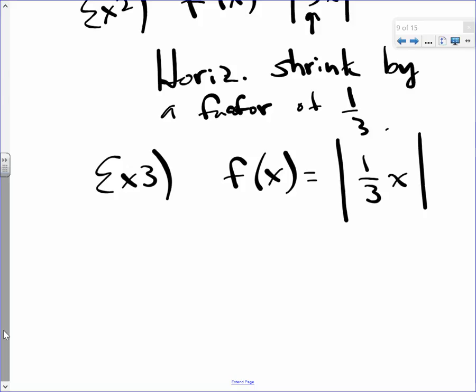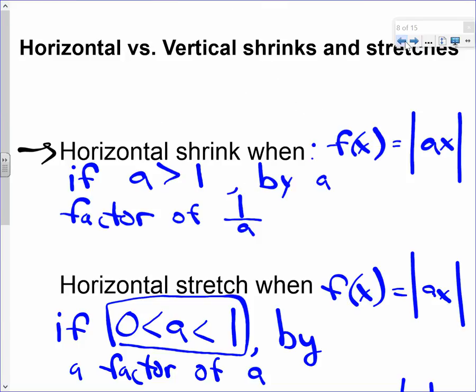Why, Mr. Torres? The A is on the inside. We're dealing with either the first or second case. And it's a stretch, notice Munoz, because A is greater than 0 and less than 1. In other words, A is a fraction. So it's the second case. So it's going to be a stretch by a factor of A. In this case, A is 1/3.